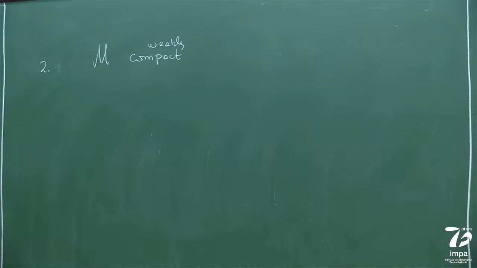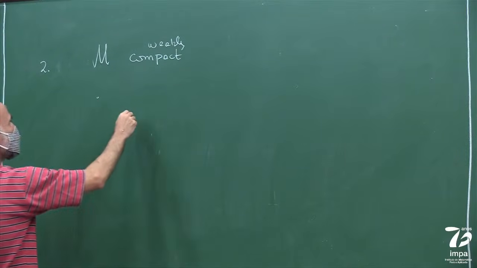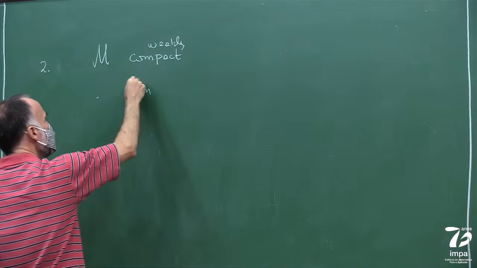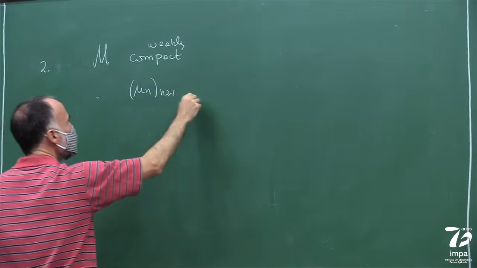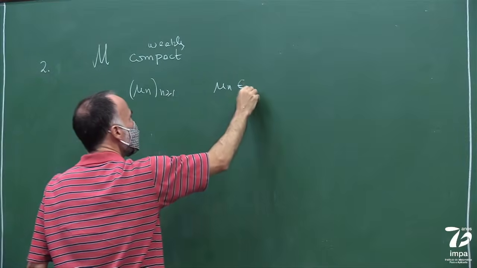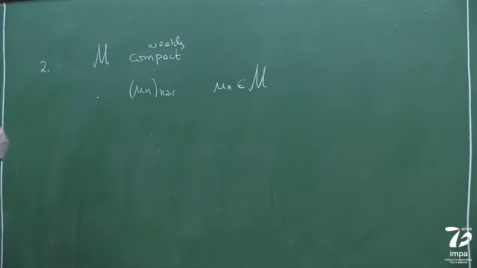Okay, so I only sketch this proof. So I take mu_n, a family in M, and I want to extract a subsequence which converges.